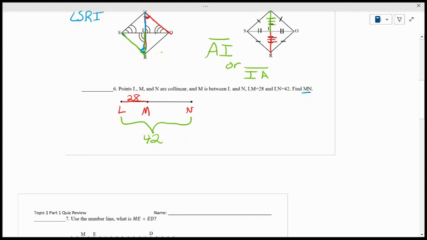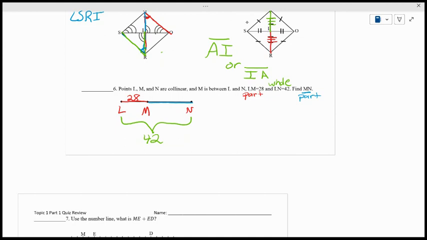Find MN. So they want you to find from M to N. I use the words: this was a part, this was the whole, this was the other part. So how do you use those 3 pieces?